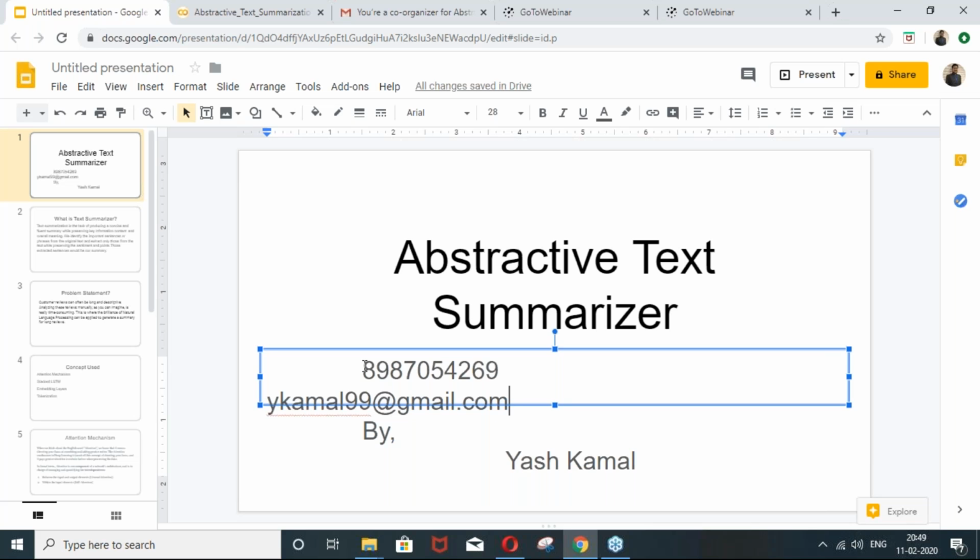Some people are asking what the difference is between text summarization and abstractive text summarization. Text summarization can be classified into two parts: one is extractive text summarization, the second is abstractive text summarization. I will give the basic example I gave at the start: "I love to play cricket."